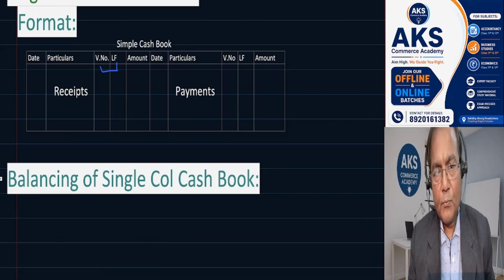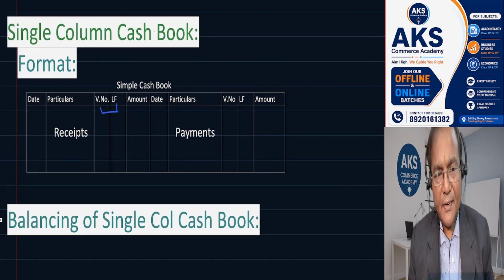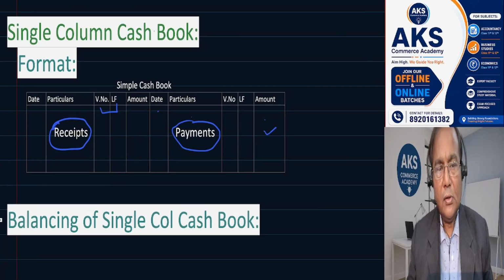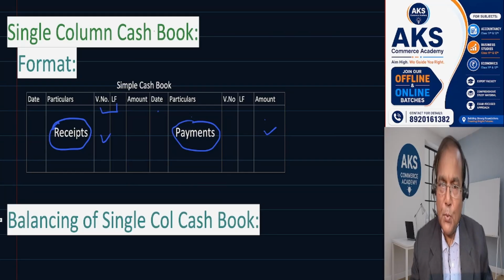This is the left hand side, or what we call the receipt side. Correspondingly on the credit side, there is again a date, and the payments are listed in the particulars. For what the payment was made, the account is mentioned here, and the amount is written here. So this is how we prepare a simple cash book where cash related transactions are entered.